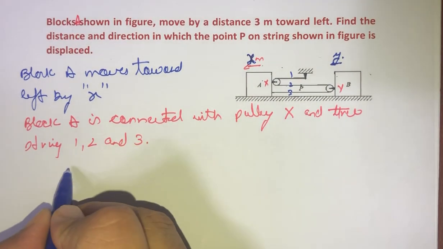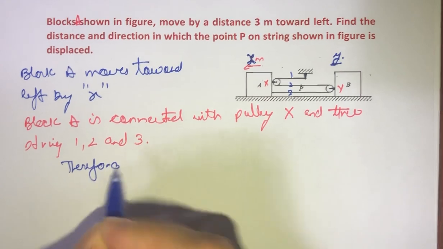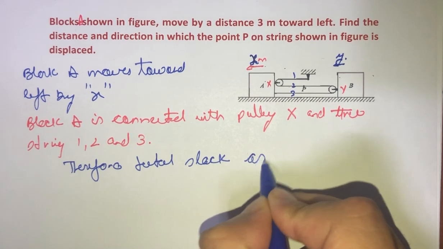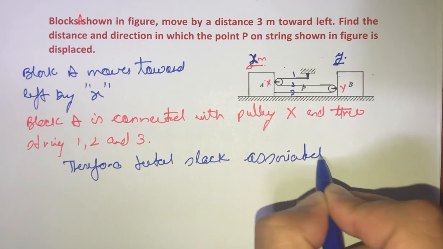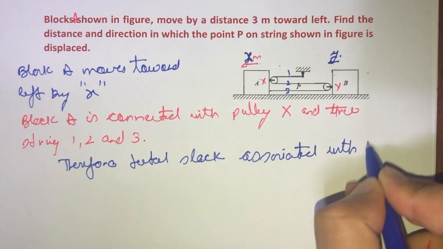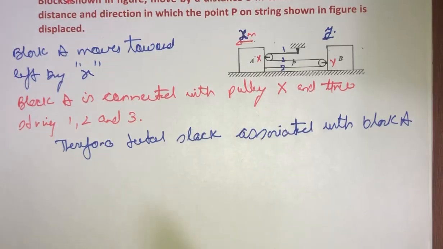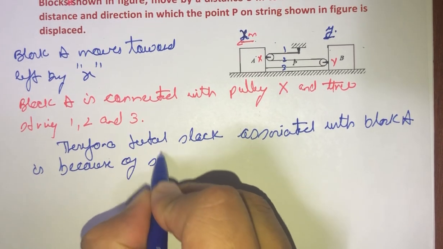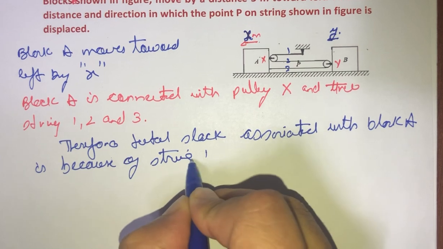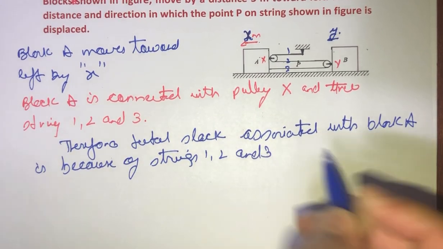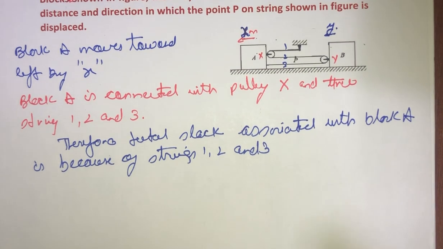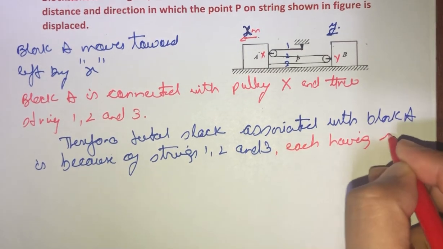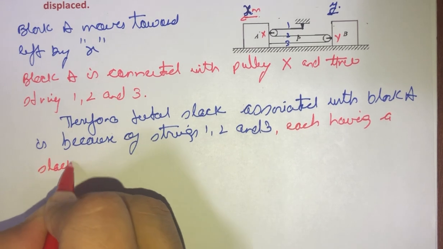So you can say that therefore the total slack associated with block A is because of strings 1, 2 and 3, with each having a slack of x.